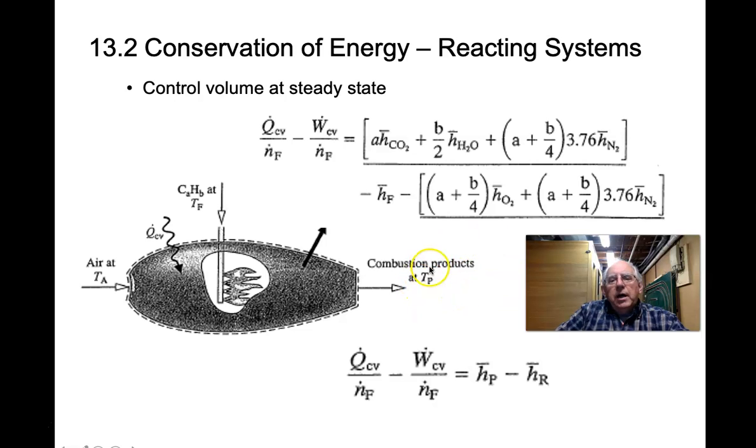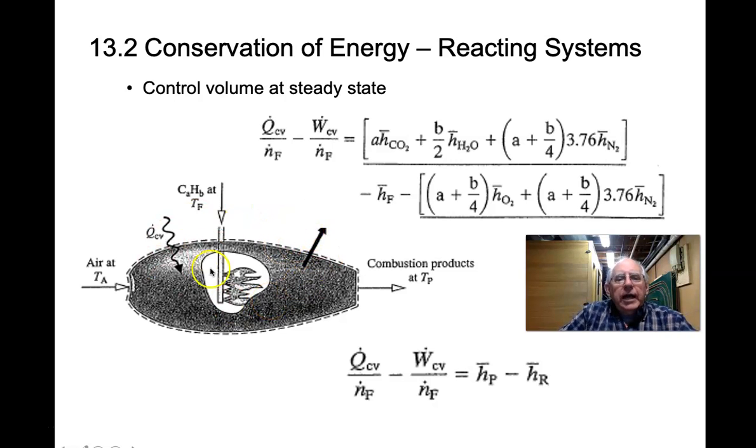And so one way of determining that is to assume we did not have any work being pulled out of the working fluid, and assuming that the heat transfer was zero. In that case, it would be an adiabatic process.